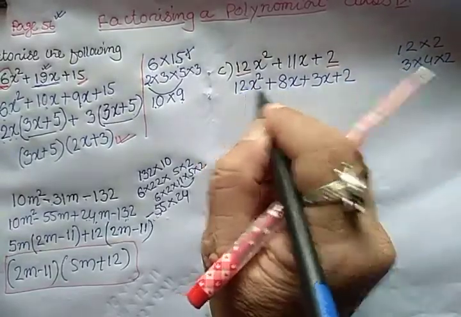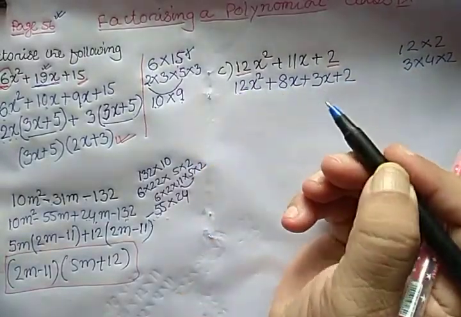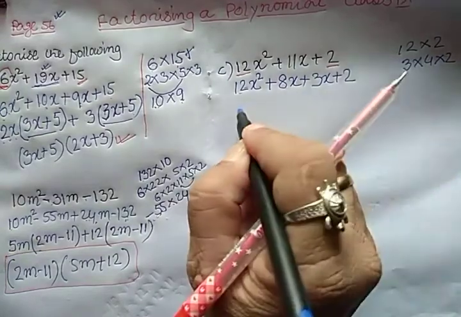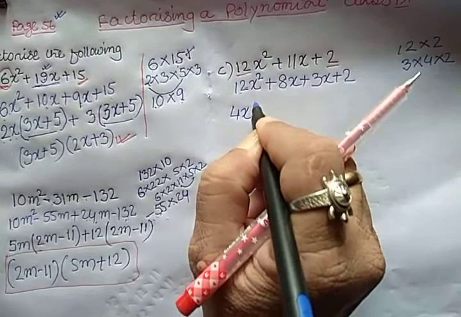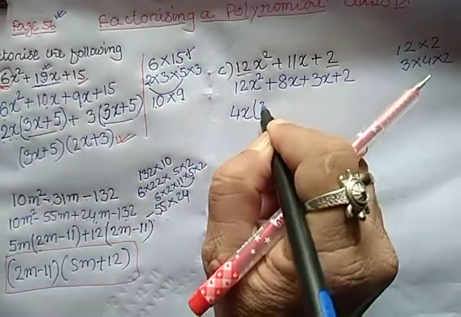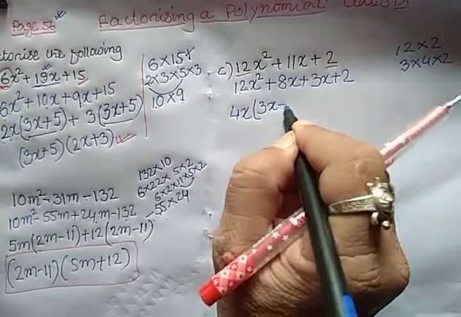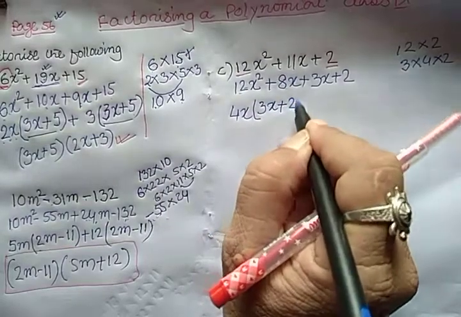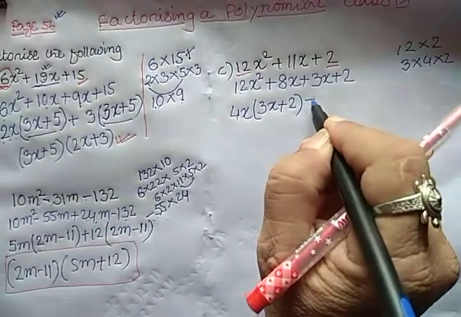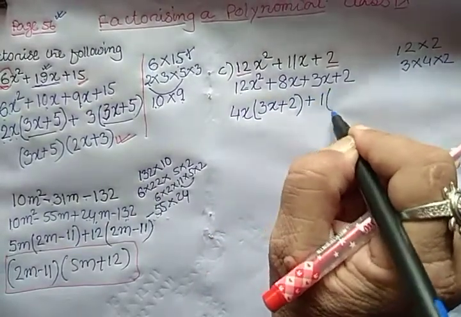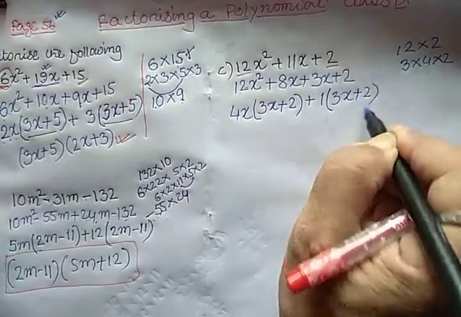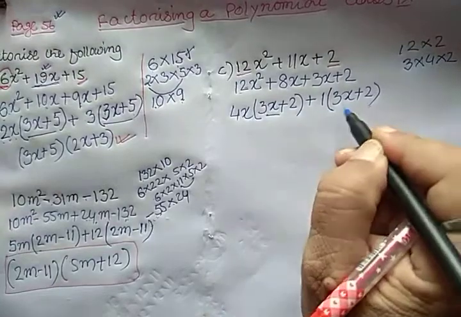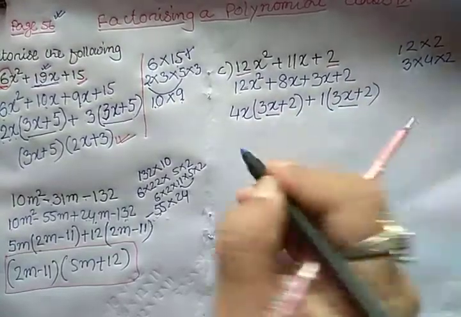So from these two you take 4x common. Now here what will be left? 3x. Here what will be left? 2. And from these two you have to take 1 common. 3x plus 2. So here you have 3x plus 2, here you have 3x plus 2.